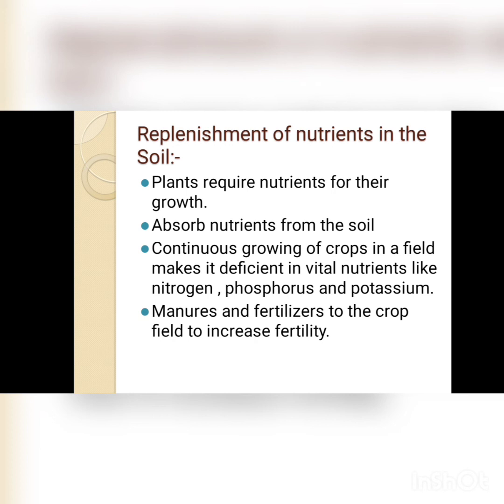Plants require these nutrients for growth, but you are growing the crop again and again on the same land, and that land becomes deficient in these nutrients. To fulfill the requirement of these nutrients, we add manure and fertilizers to the crop. You must have heard about fertilizers and manures.